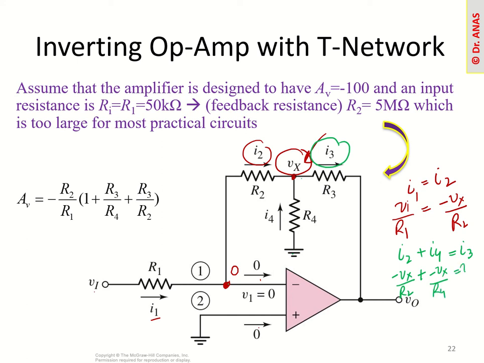I3 will be Vx minus the node voltage here, which is V0, divided by R3. So we get two equations.